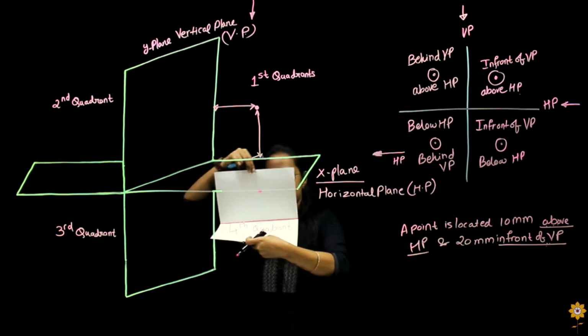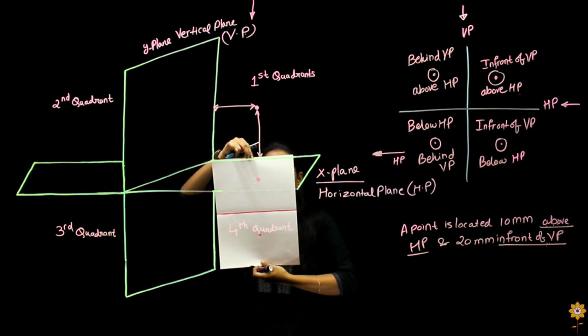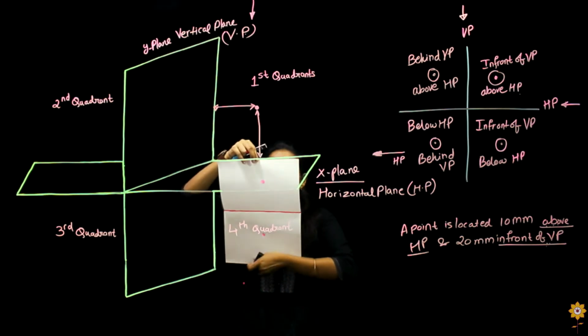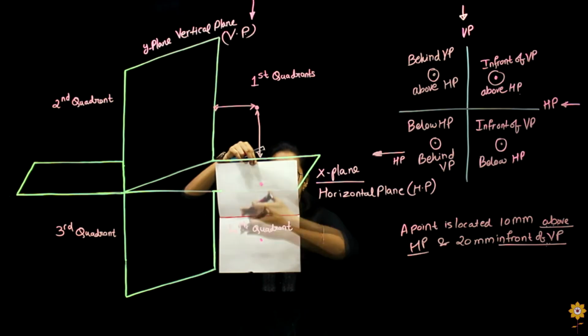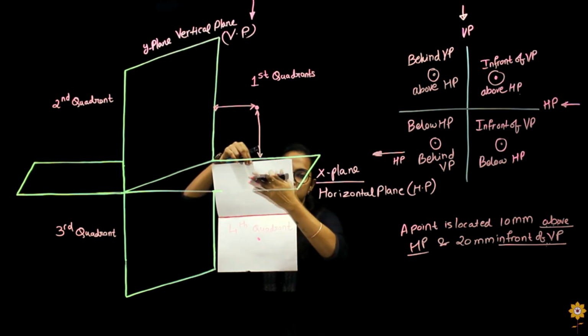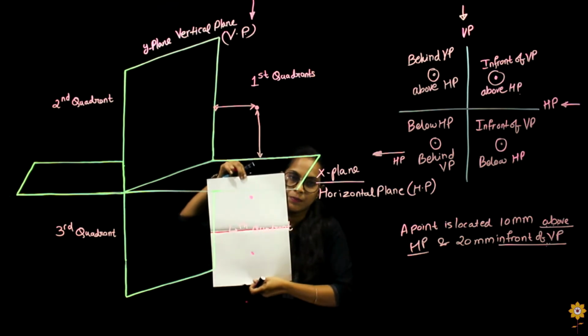So I keep my vertical plane constant and I rotate my horizontal plane 90 degree clockwise. So now this is a 2D surface or a single paper wherein both the locations from HP as well as from VP, both the points are visible together.